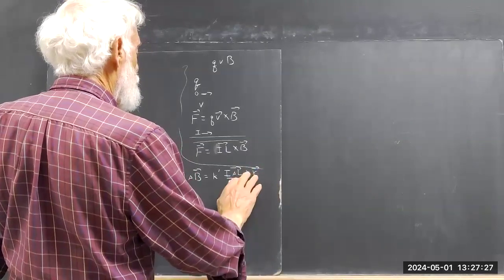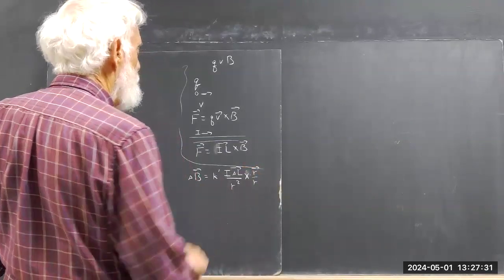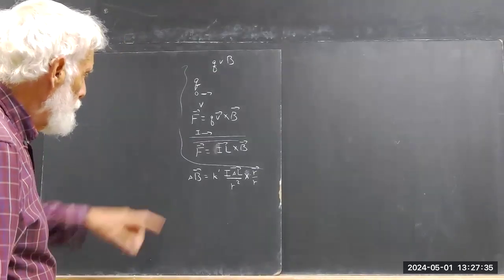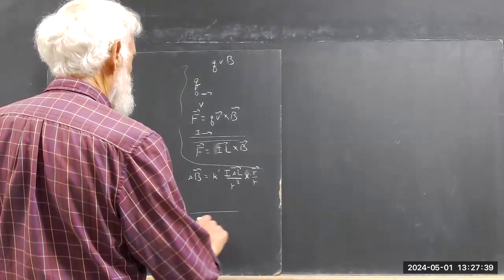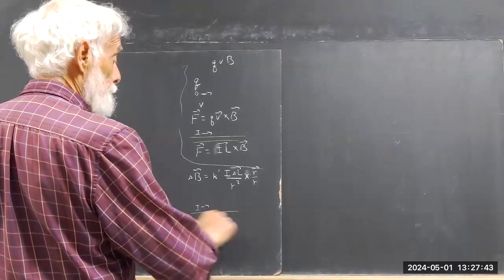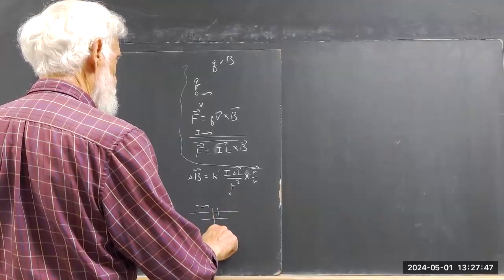This is R over R cross product. And that would be the contribution to the magnetic field if you have, again, the same picture I have here, current flowing through a wire. They point out here, and you got an increment delta L here.